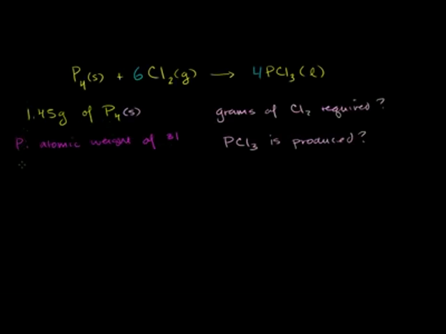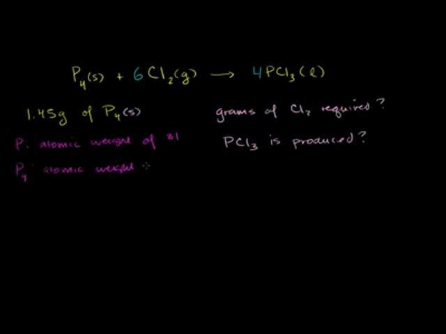Now, if you look at the atomic weight of P4, or a molecule that has 4 phosphorus atoms in it, it's going to be 4 times this. So it's going to have an atomic weight of 4 times 31.